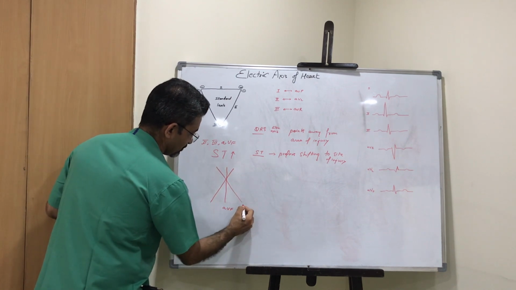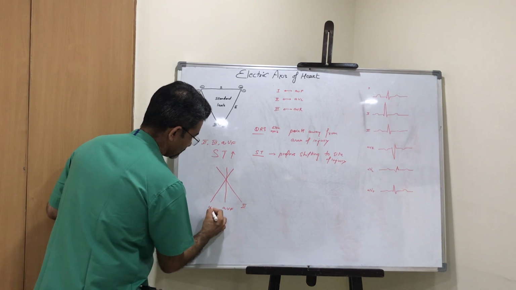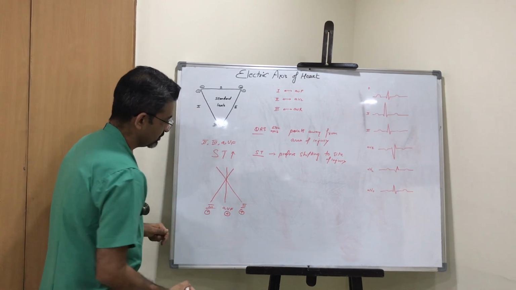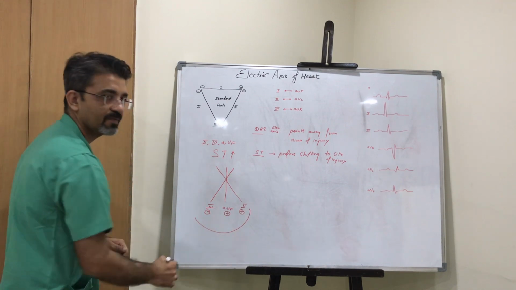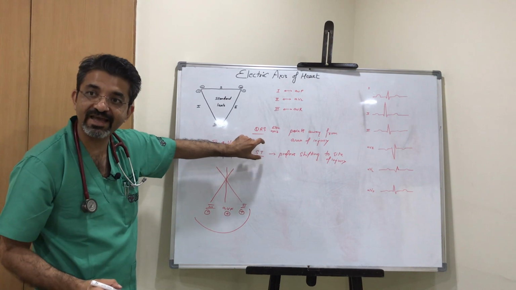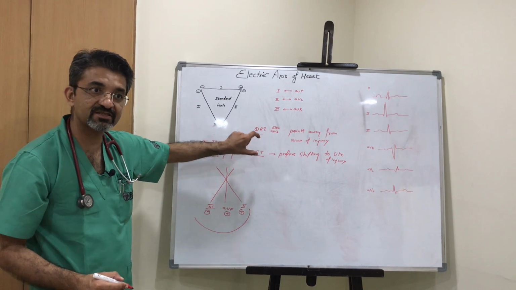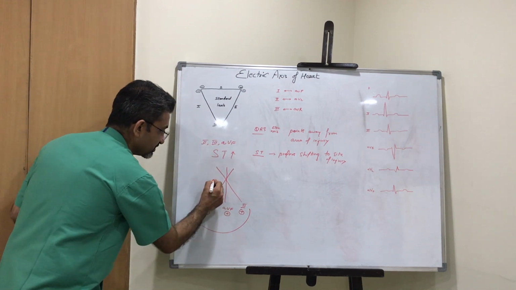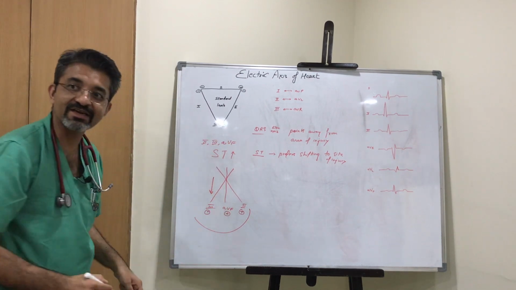In aVF, lead 2, lead 3, positive, positive, positive. I have a problem here. So the shift of the ST electrical axis is towards the injury site. If anything is shifting towards the side of the electrodes, what will happen?